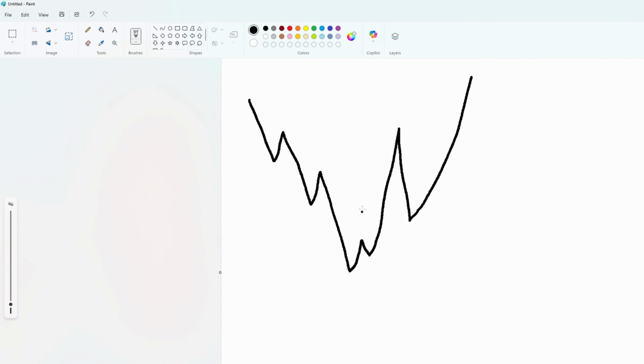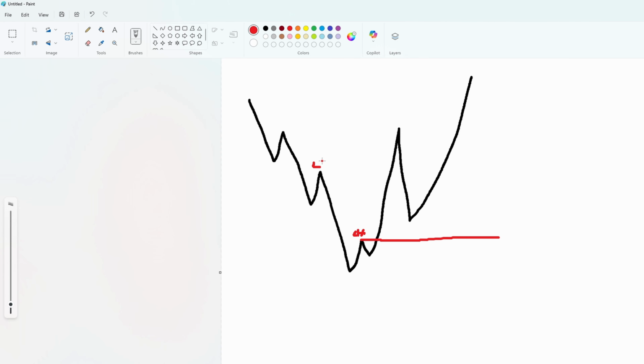Okay. So what we're looking for here is our break of structure is going to be right here. This is going to be our break of structure. This is because when this trend starts to come down and then starts to pull back up to the bullish side, we are making here another lower high, right?